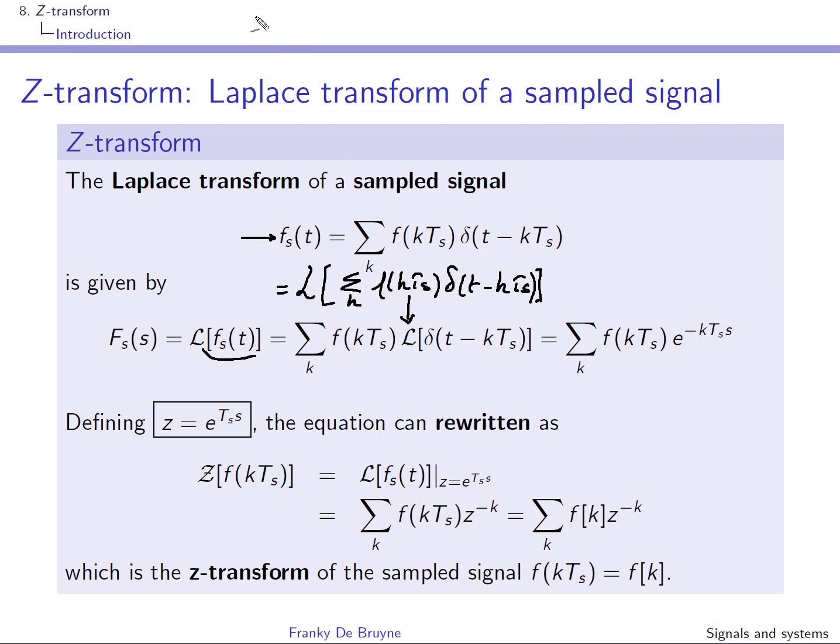And then, well, I won't do it, but you should be able to find that the Laplace transform of a delta is equal to 1.